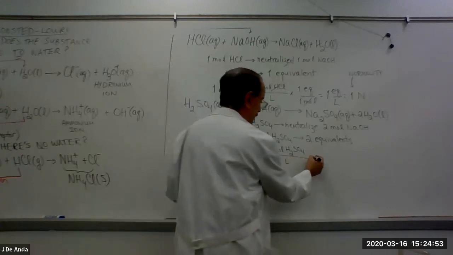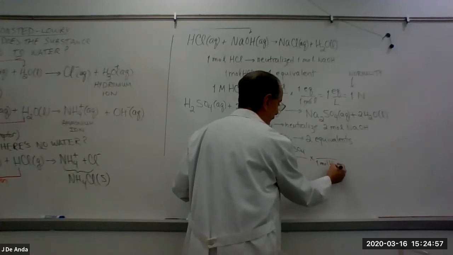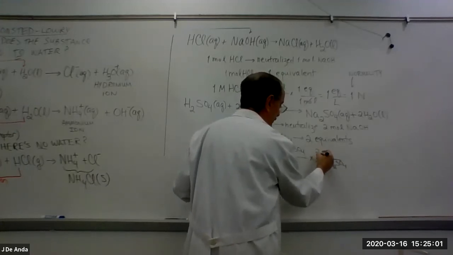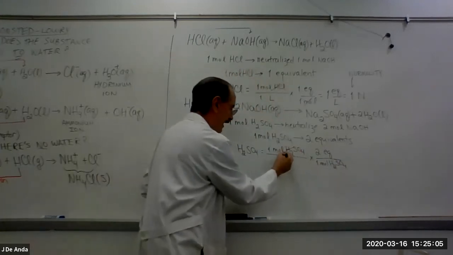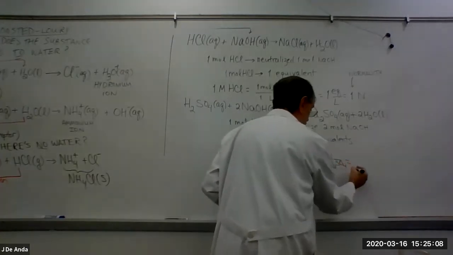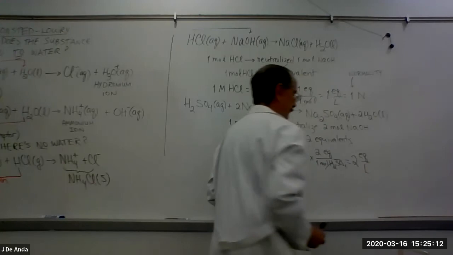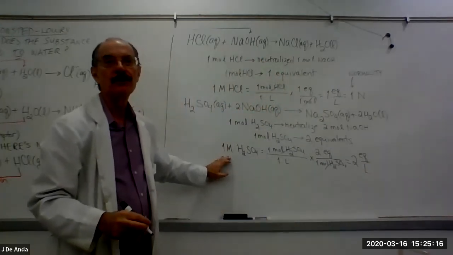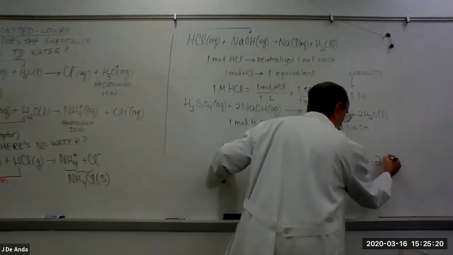But in this case, 1 mole of sulfuric acid contains 2 equivalents of chemical power. So when I cancel this out, I get 2 equivalents per liter. In other words, a 1 molar solution of sulfuric acid is 2 normal.